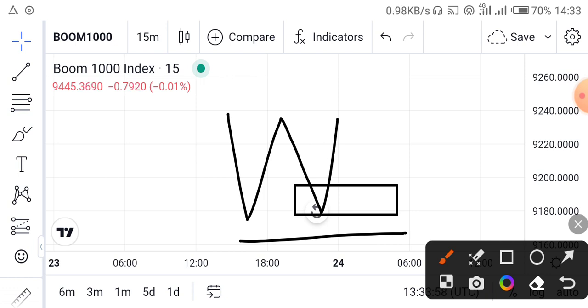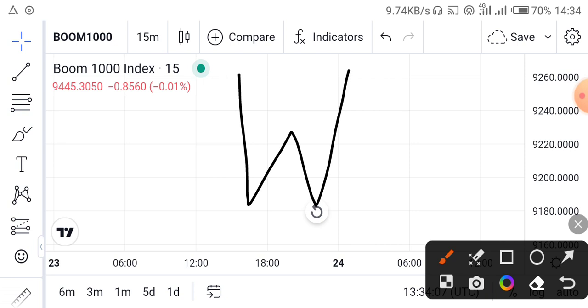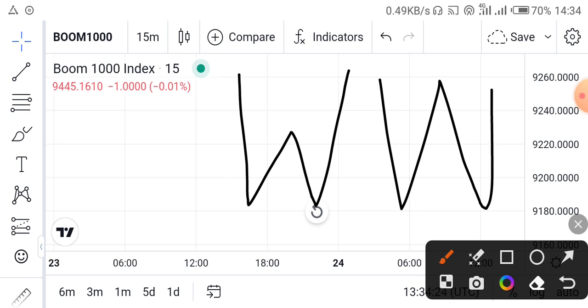But if it happens that I have something like this, where the neckline is just here, then I would want to wait for the price to break this neckline before I continue. So these are two different instances. In the first one, the neckline is at the top, the price gets to the top here, and comes down.